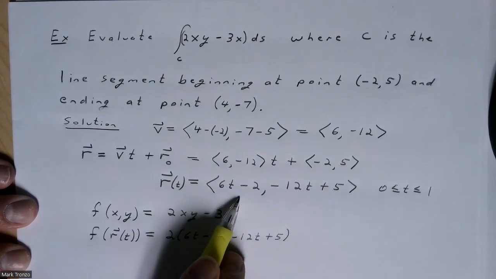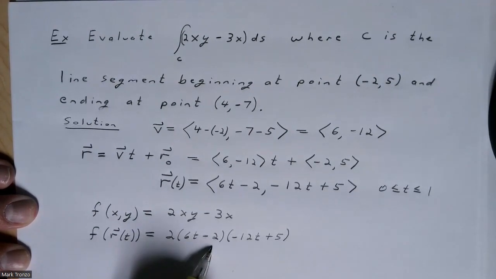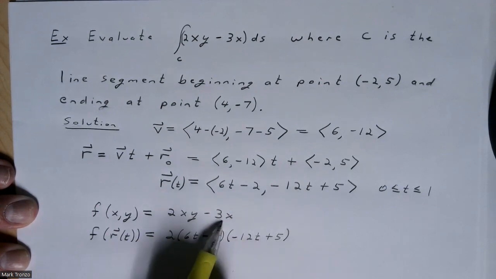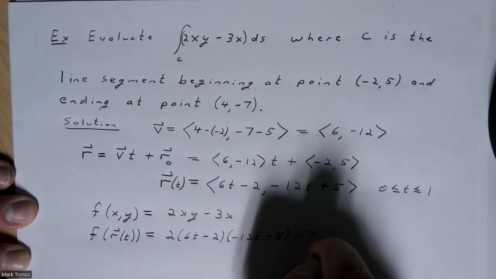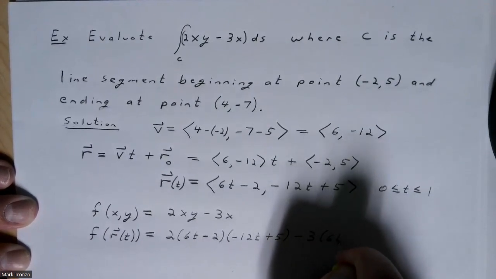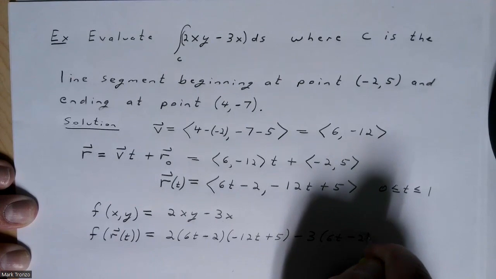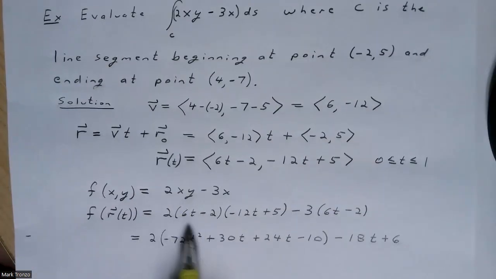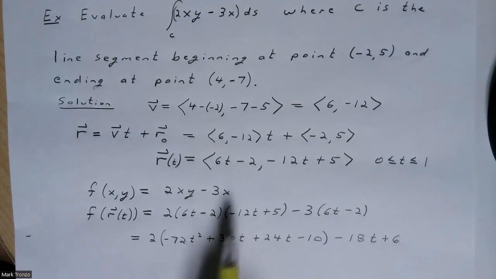So I just put x into here, y into here, then minus 3x. Once again, put this in for x. So I went ahead and multiplied these. I FOILed these.